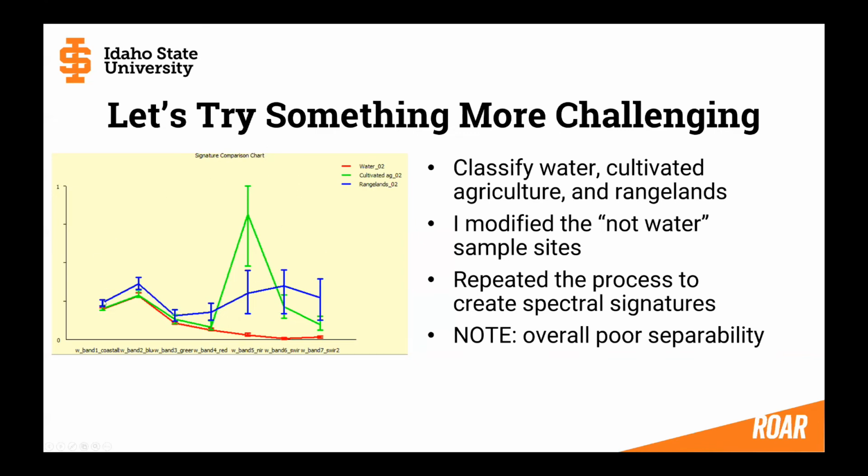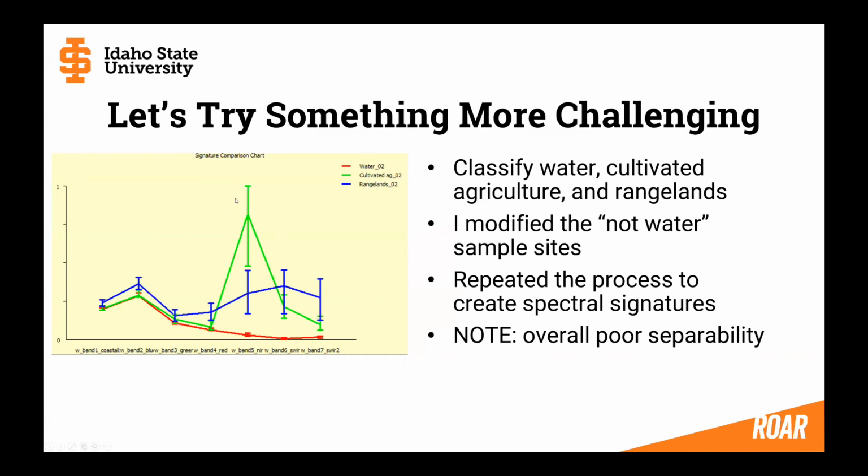And once again, we're seeing very poor separability in bands 1, 2, 3, and 4, the visible bands. We're also seeing poor separability in the shortwave infrared bands when we're comparing cultivated ag and rangelands. We have overlap, so we can't expect a good classification.